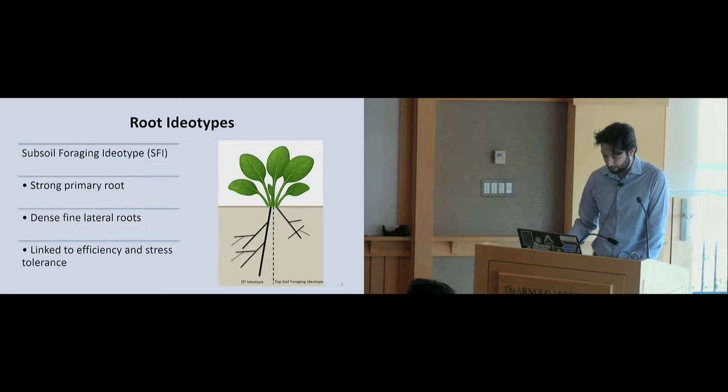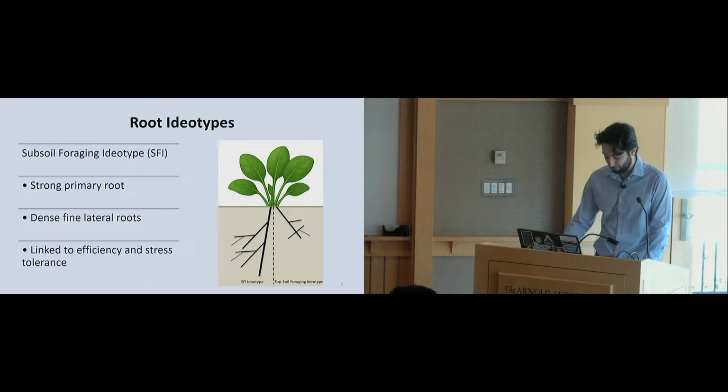And I also framed this study through the concept of root idiotypes. Now, a root idiotype is a theoretical model of an ideal root system that is optimized for a specific environment. For example, in a deep soil, a subsoil foraging idiotype might emphasize axial penetration, whereas in a nutrient-rich topsoil, something like dense lateral proliferation might be favored.